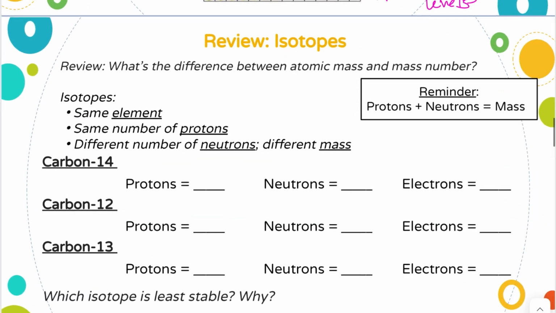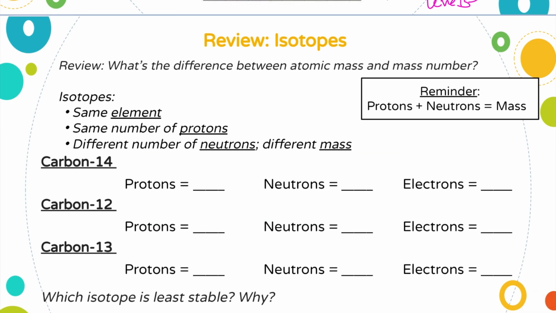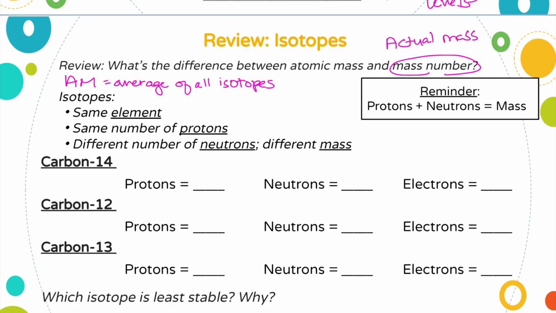And so that atomic mass is the average of all isotopes of that atom, whereas the mass number is the actual mass of that specific isotope. And so we get that mass by doing protons plus neutrons.